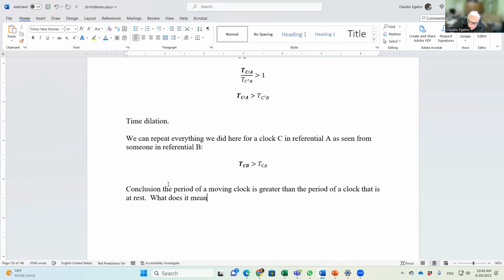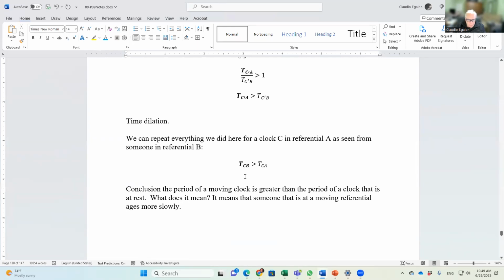It means that someone in a moving referential ages more slowly because his clock is ticking more slowly with respect to the other referential. Okay, that's what it means. And that's called time dilation.